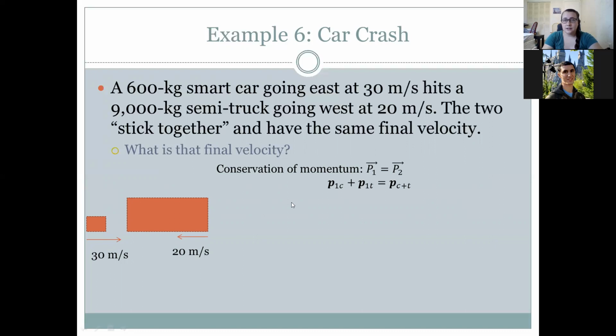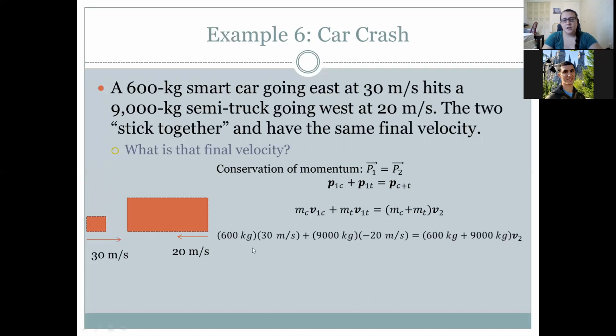Initially we have the momentum of the car and the momentum of the truck. And then at the end, we have the momentum of the car plus the truck moving together as one object. Momentum, remember the MVP: mass of the car times its initial velocity, plus the mass of the truck times its initial velocity, equals the total mass of them put together times their final velocity.